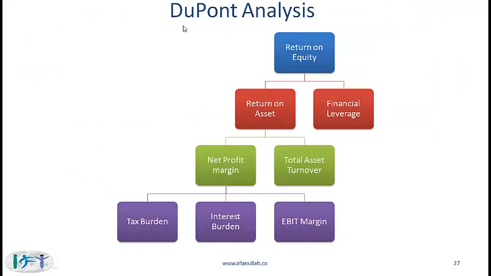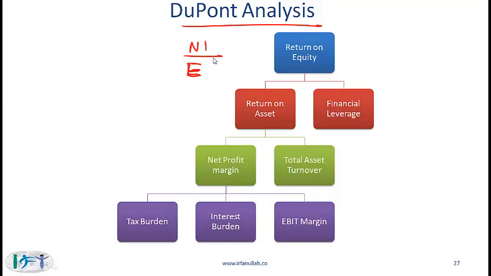Coming now to the DuPont analysis, which is important from a testability perspective. This brings together several ratios that we are talking about. Return on equity is net income divided by equity. This is an important ratio because it tells us how much net income we are generating relative to the equity or the amount that we have invested.